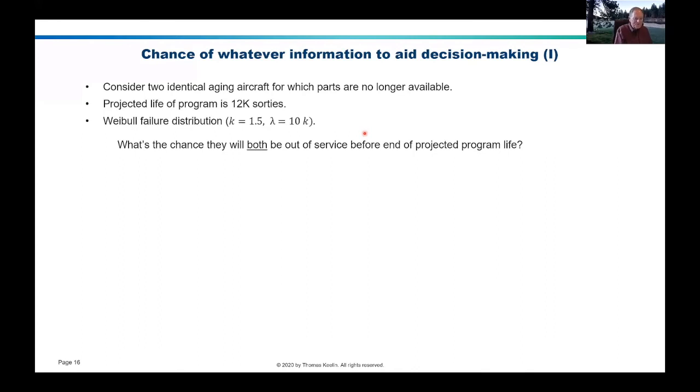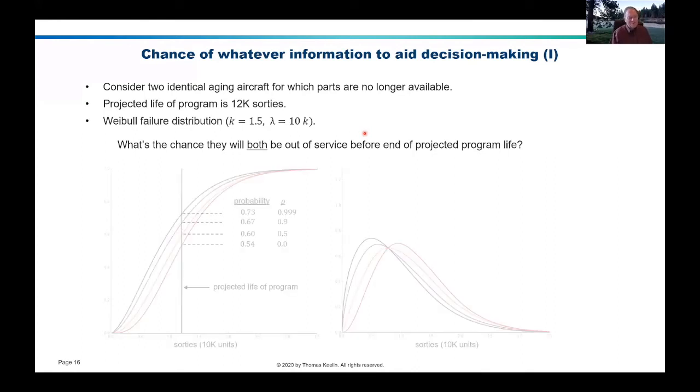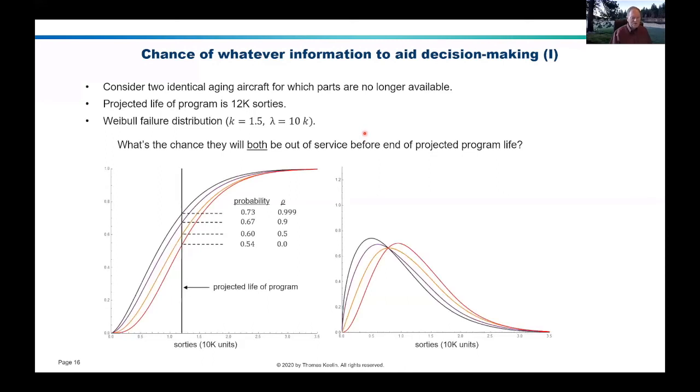Well, that is simply answered now because I can just plot these cumulative distributions that we've just calculated. And it turns out that, for example, if they are 100% correlated, well, then if one fails, they'll both fail. And the probability that they'll both be out of service before 12k, which is here, the end of the program life, that's about 73%.